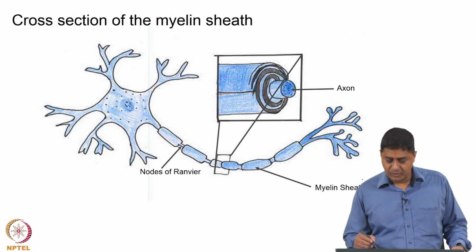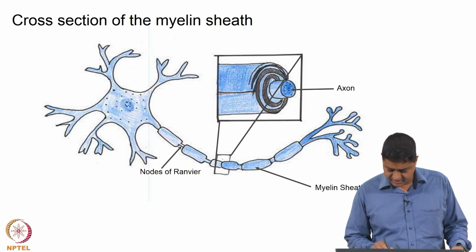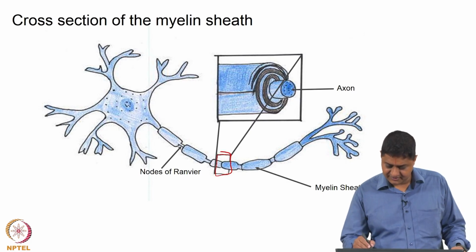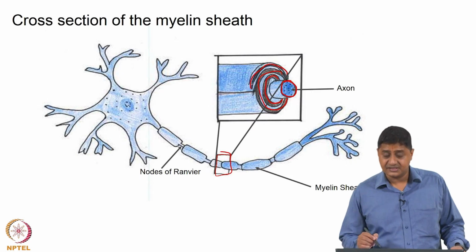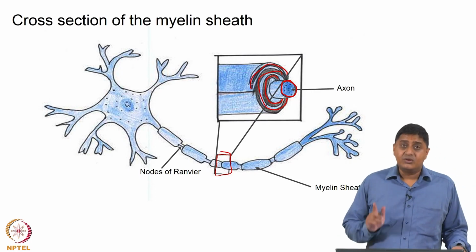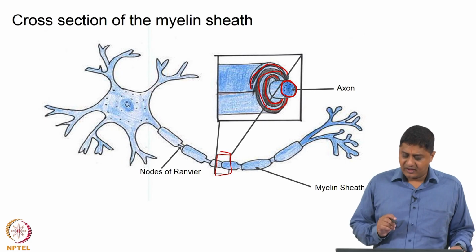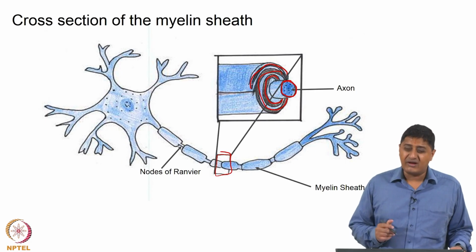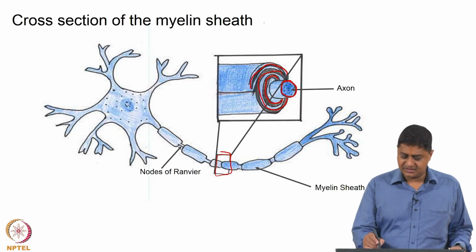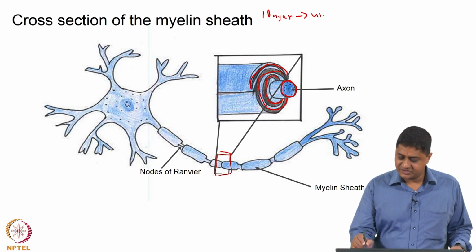If we zoom in and see this area of the myelin sheath, it is going to look like this. That is the axon, and then there are these glial cells that are surrounding this axon in multiple layers. If an axon has only one layer of glial cells surrounding it, or one layer of myelination, that is called an unmyelinated axon.